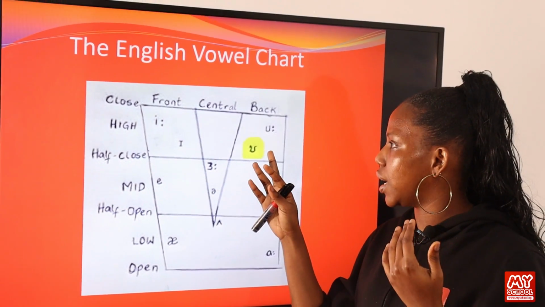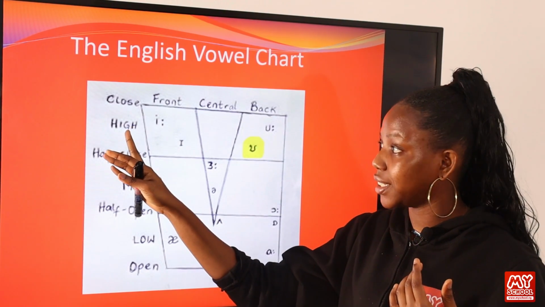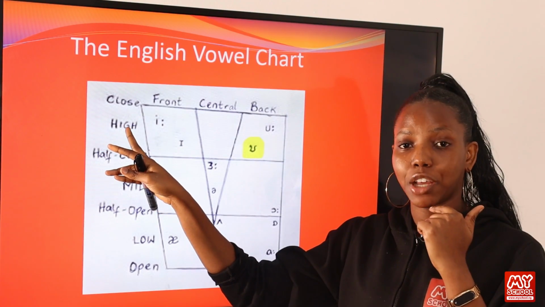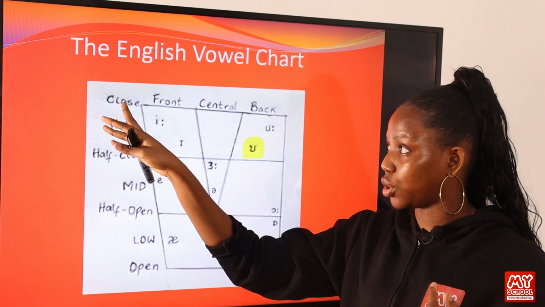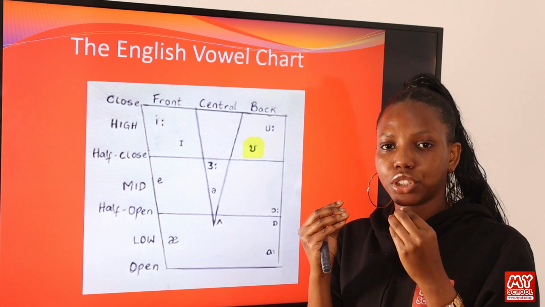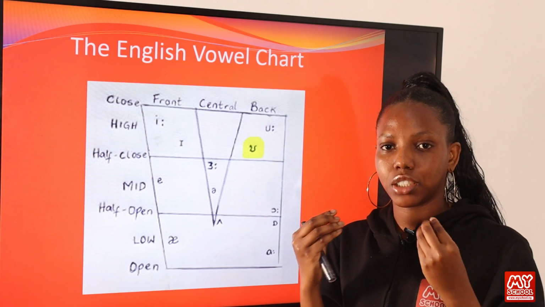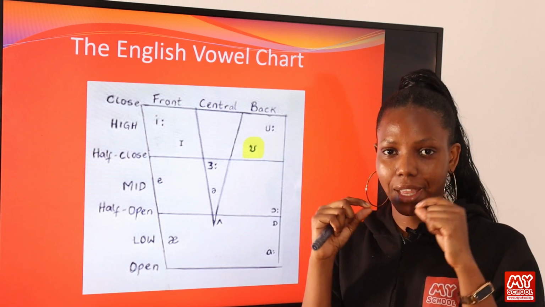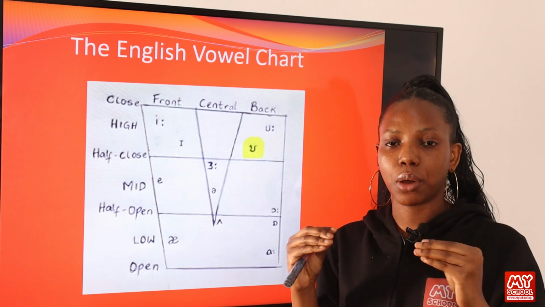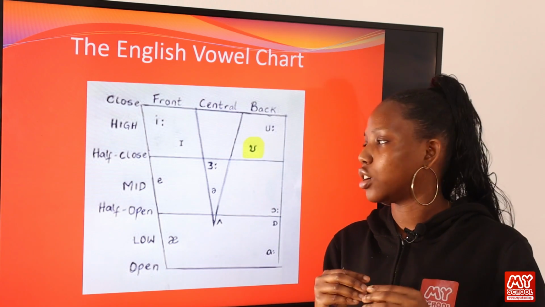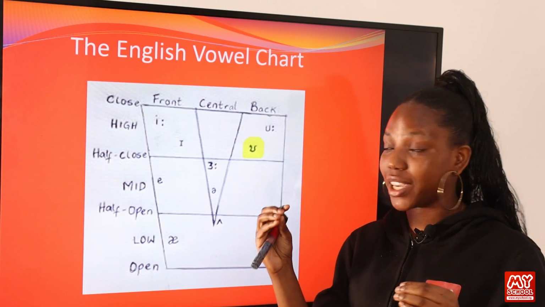That means the back part of your tongue is raised, okay? And we also see that it's closed, so the mouth is not open. It is not completely closed, but it is described as closed.